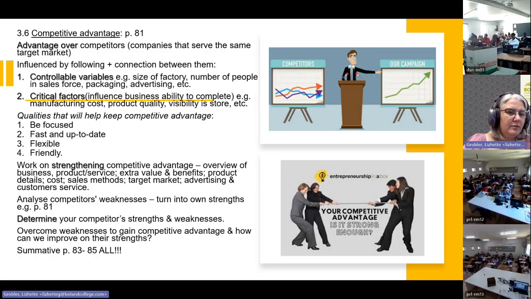So if you can determine your competitors' strengths and weaknesses, that is then where you will know where you will fit in as a business. So it's always a good idea to maybe use your competitors' weaknesses as your strengths.